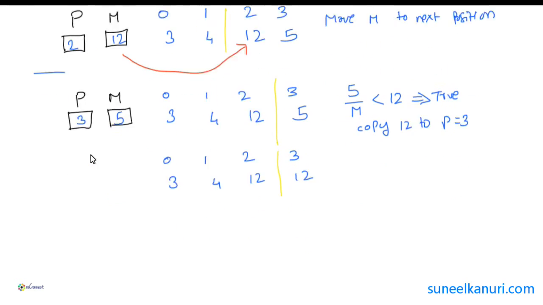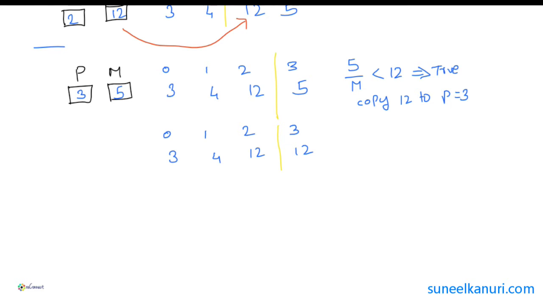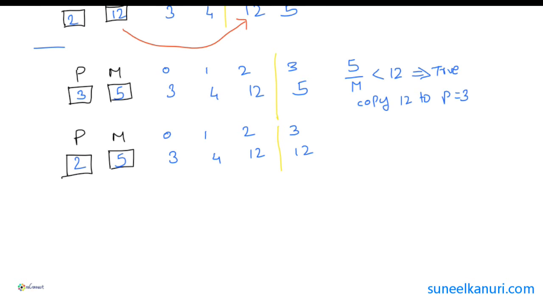All right. So our P would now be decremented because we'll be comparing our unsorted element with the next element in our sorted set, which is element 4. So our P, decremented from 3, would be 2, and our M would be 5, which is always our unsorted element.